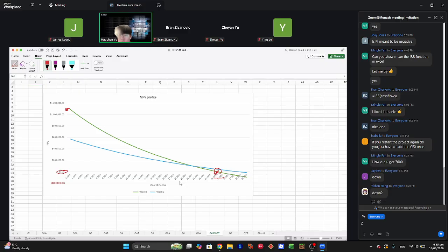And if this is the point where NPV equals 0, then what's this one? The x-intercept is called what? How can we calculate this point?